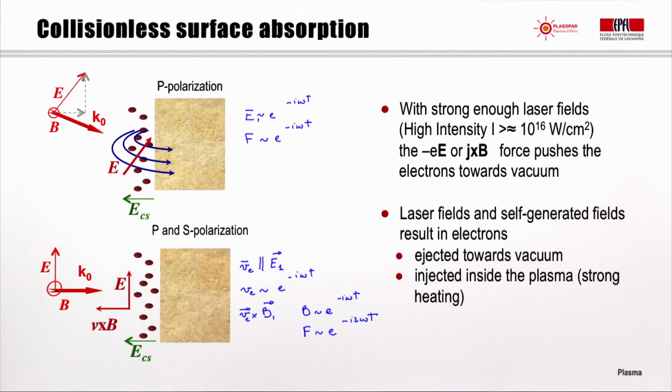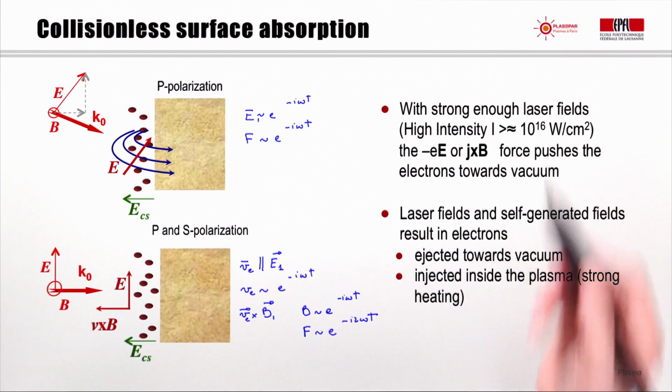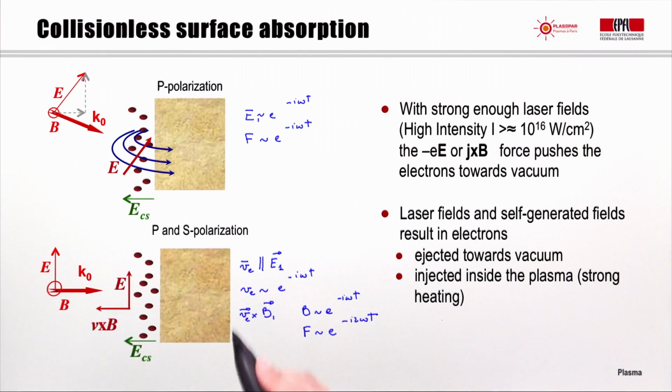Notice that the force is equal to the product V cross B. This mechanism is normally less effective than this one because the magnetic field is less strong than the electric field. However, for very large intensity, the velocity of the electron becomes relativistic and the product V cross B becomes comparable to the value of the electric field.